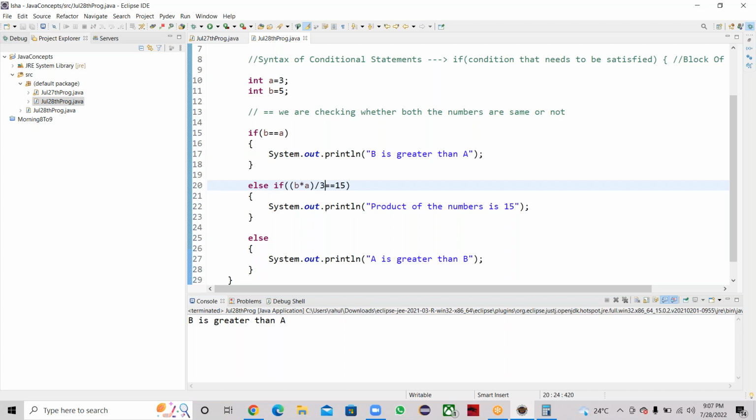B is greater than A. No, it will go to A. A is greater than B. How about others? Uma, Ruchika, Geeta? A is greater than B. Okay. Clear?